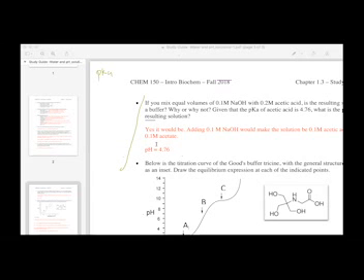You're going to have to memorize those. If it's polar, non-polar, if it has a charge, if it doesn't have a charge. Okay, memorize those.